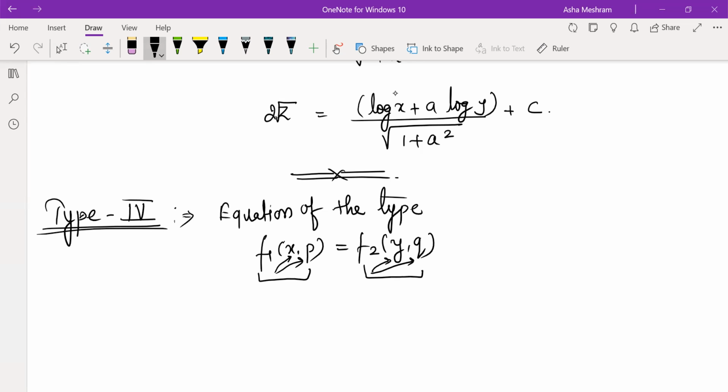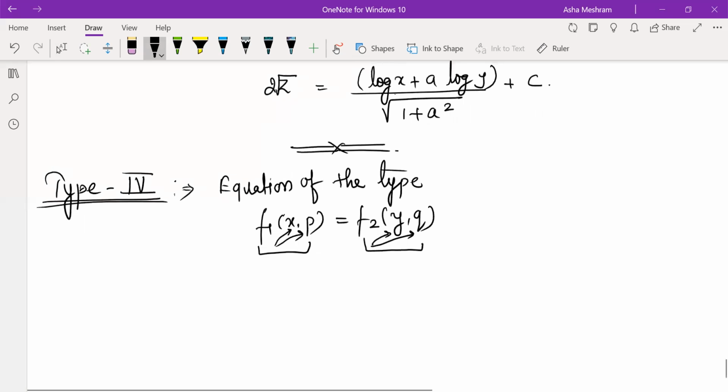Okay, if your expression is in this form and here z is absent, z नहीं है वहां पे, ठीक है.